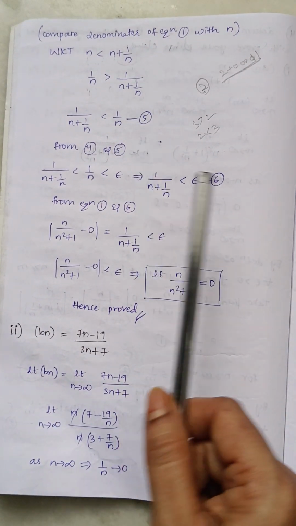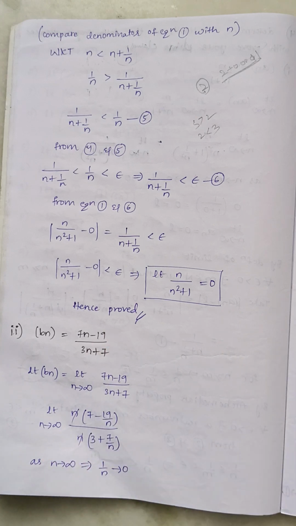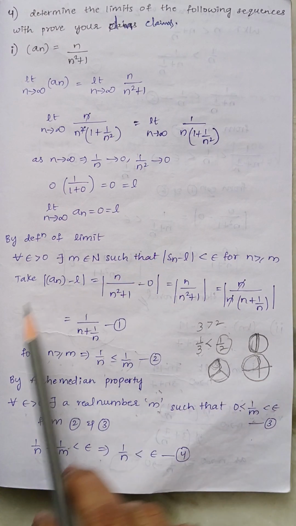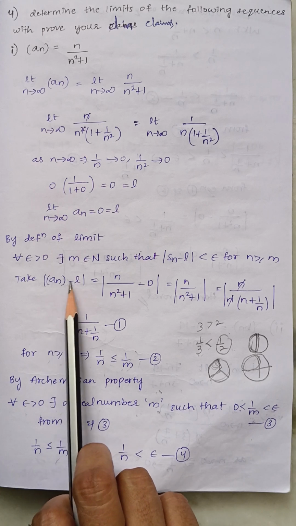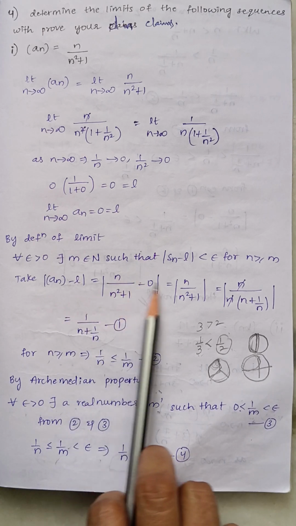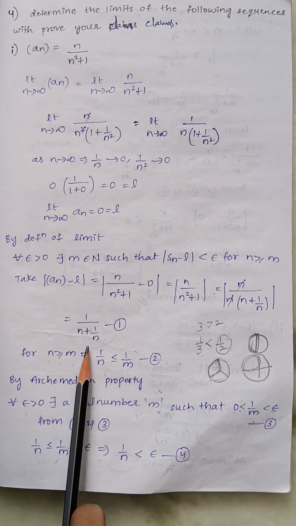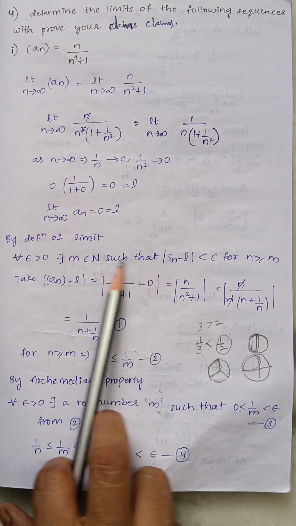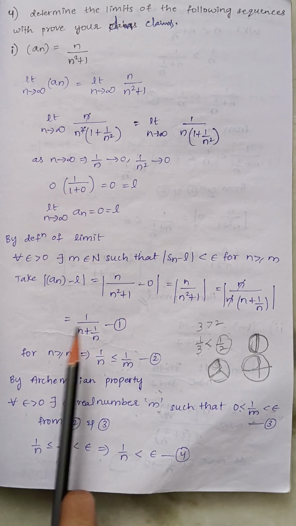Now from equations 1 and 6. In equation 1 we have the modulus of an minus l, which is nothing but this, and we already got that this value is less than epsilon. So from 1 and 6 what can we conclude? This is equal to this, which is less than epsilon.